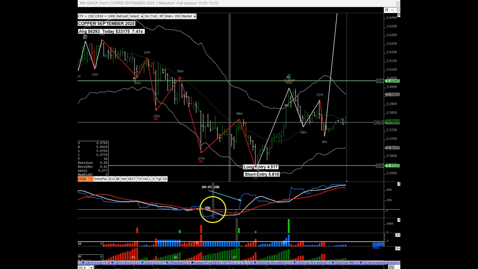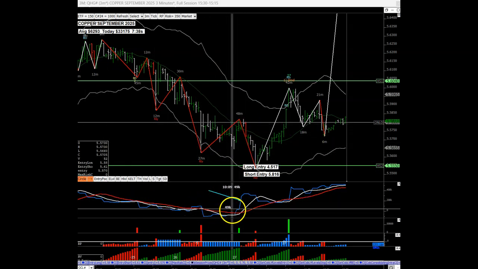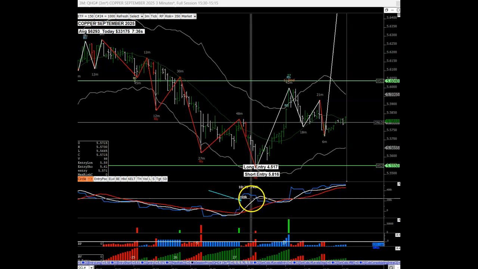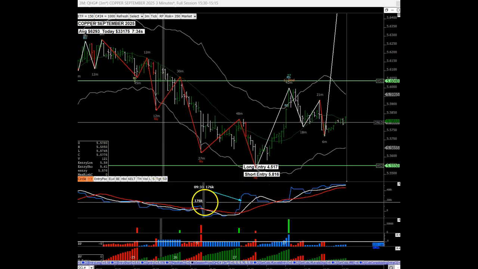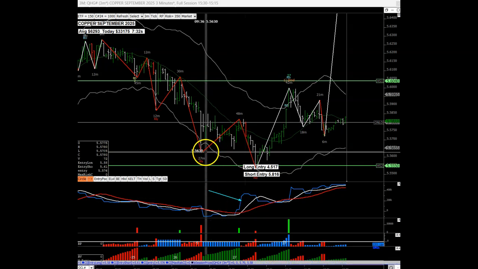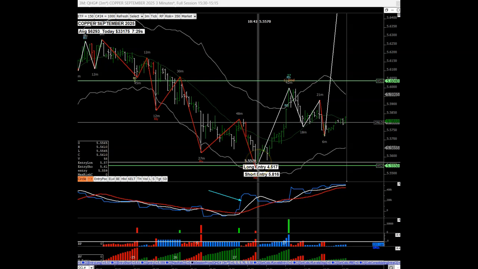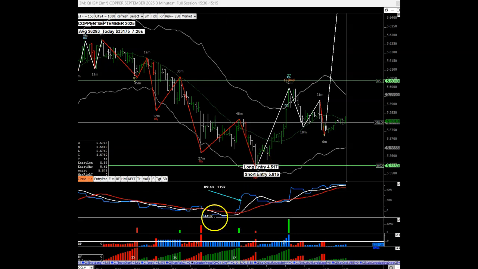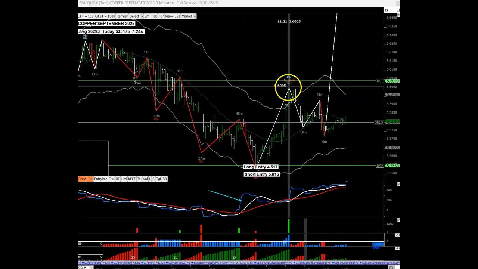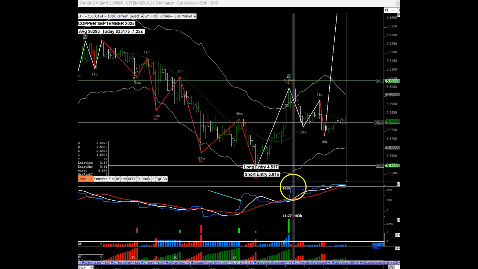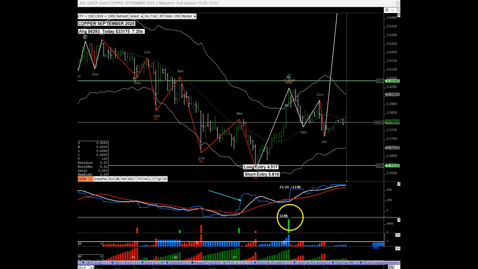It turned the supply trend into a demand trend after this. Then finally it made one more low, diverged, and bang, went up, making a higher high with more demand.